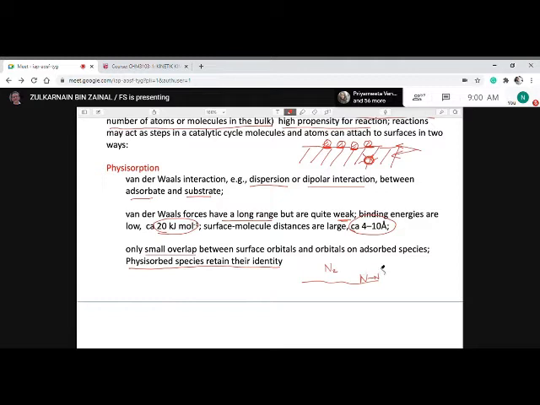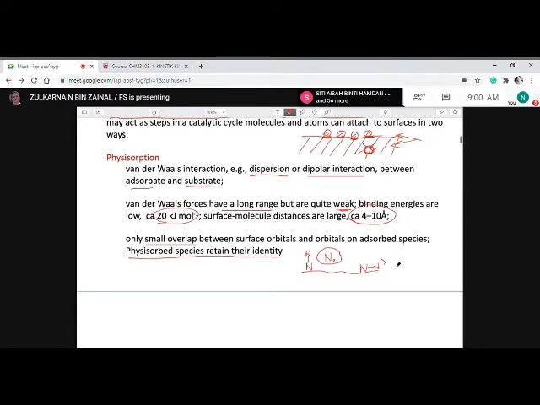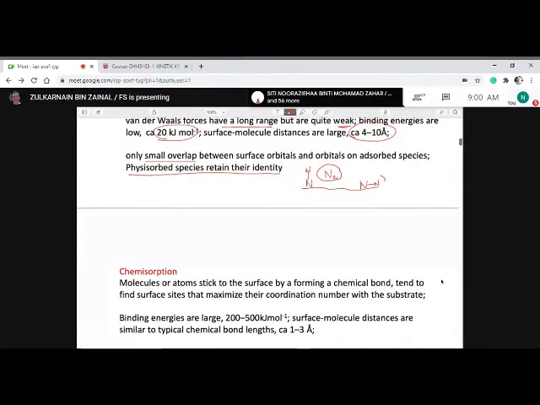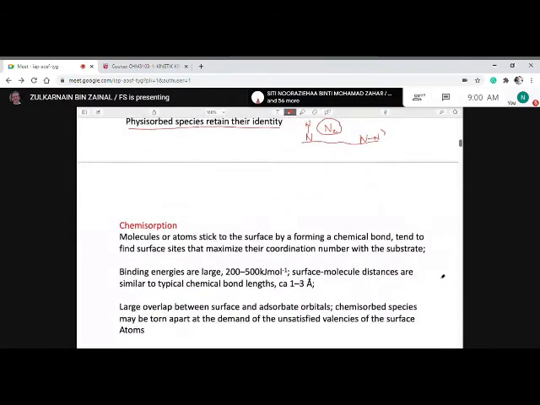It can be adsorbed like this, or probably adsorb like this, but the identity of the nitrogen gas is still nitrogen. So in physisorption, the adsorbate retains its identity when it adsorbs on the surface.